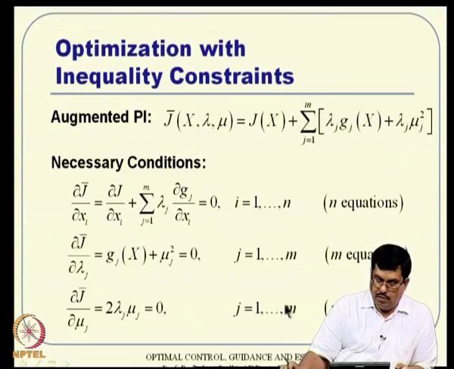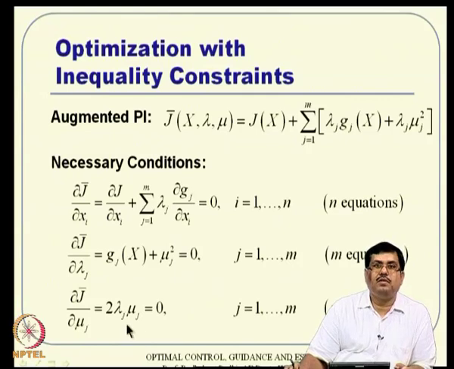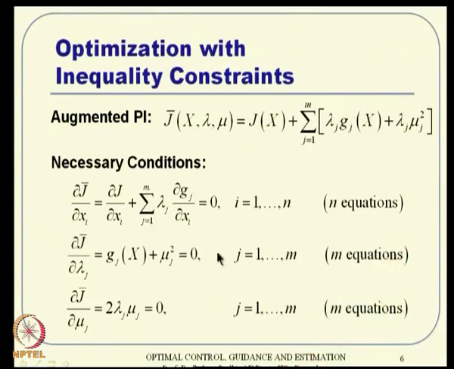That is the second equation. Then we have a free variable mu, and del j bar by del mu j has to be equal to 0. So we get n equations, m equations and m equations, that is n plus 2m equations, which have to be solved together. We have to utilize these equations, remember that.